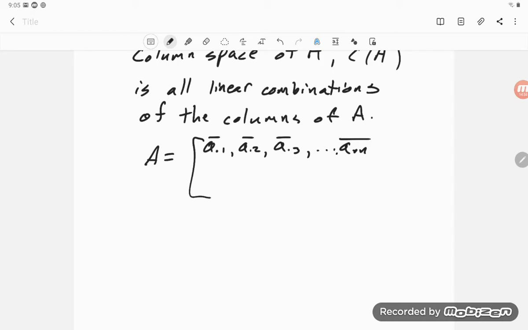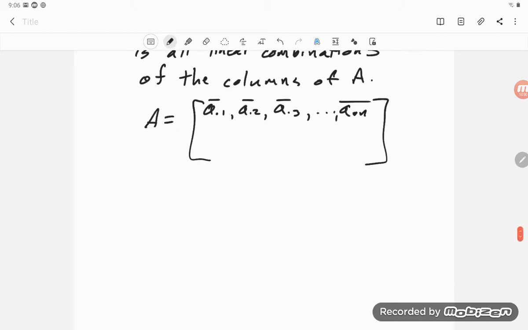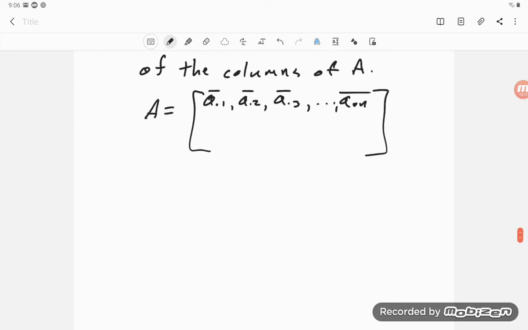I'm using the A dot n because that kind of goes with our Sage Math and Python, where you might use a dot and then a second index for the column.